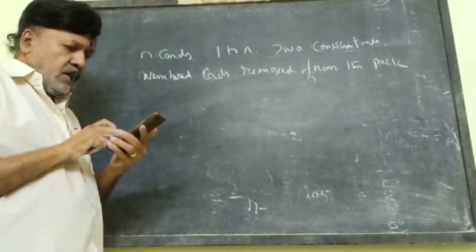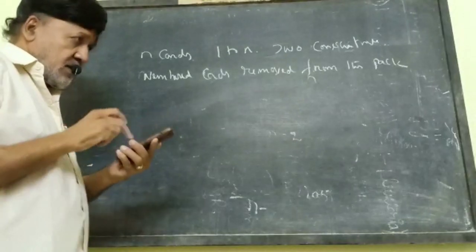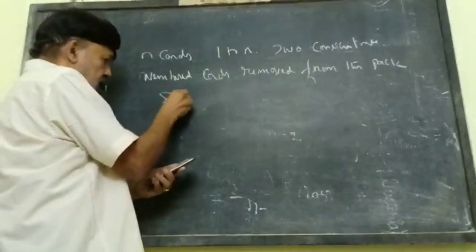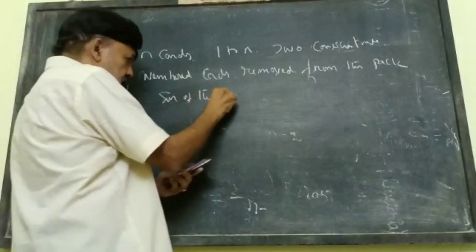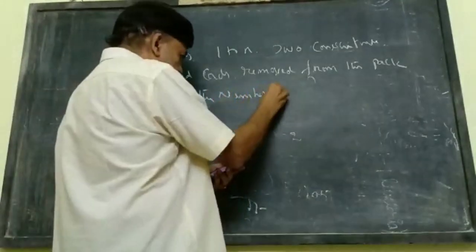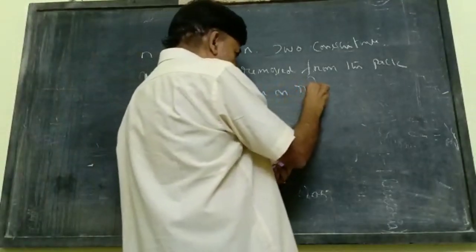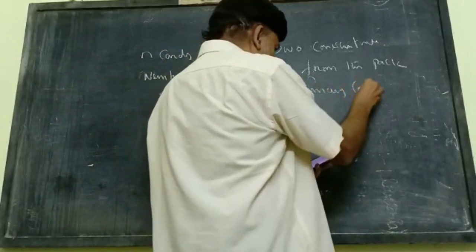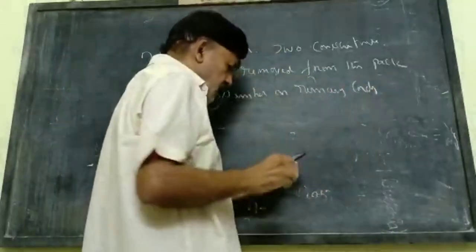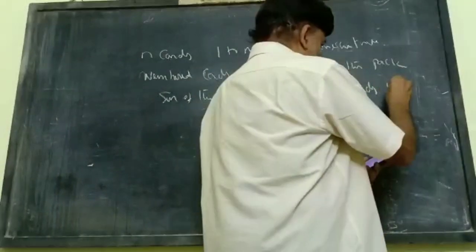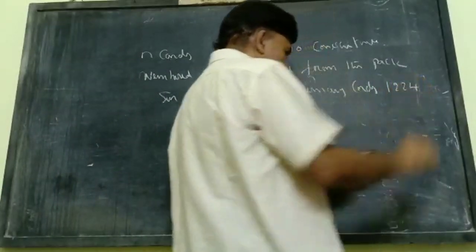And the sum of the numbers on the remaining cards is 1224.